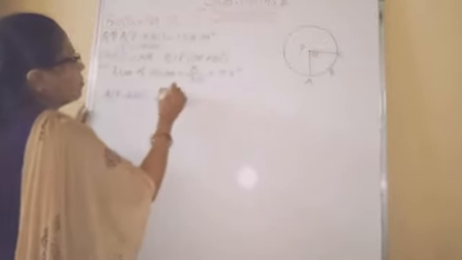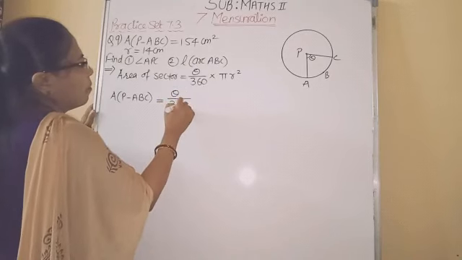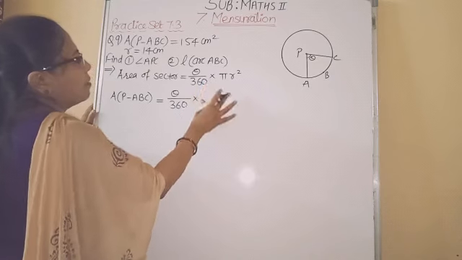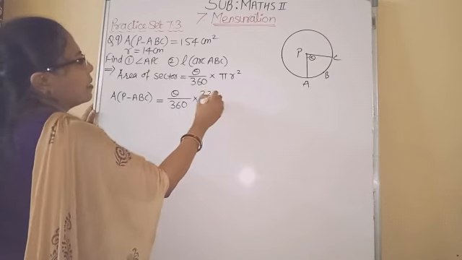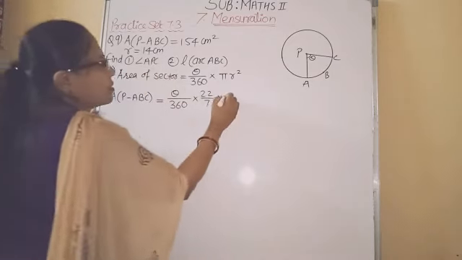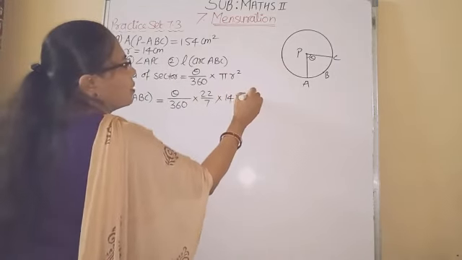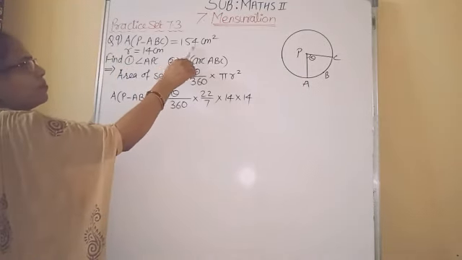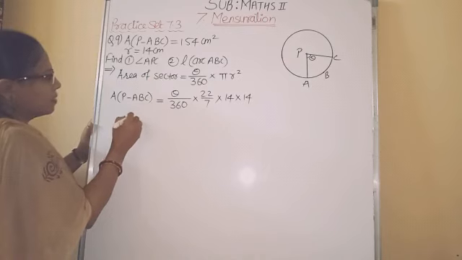The name of sector is P dash ABC. So area of sector P dash ABC is equal to theta, we don't know, upon 360 into pi r square. Value of pi is 22 upon 7 and radius is 14, 14 upon 14. This area is given 154 centimeter square.